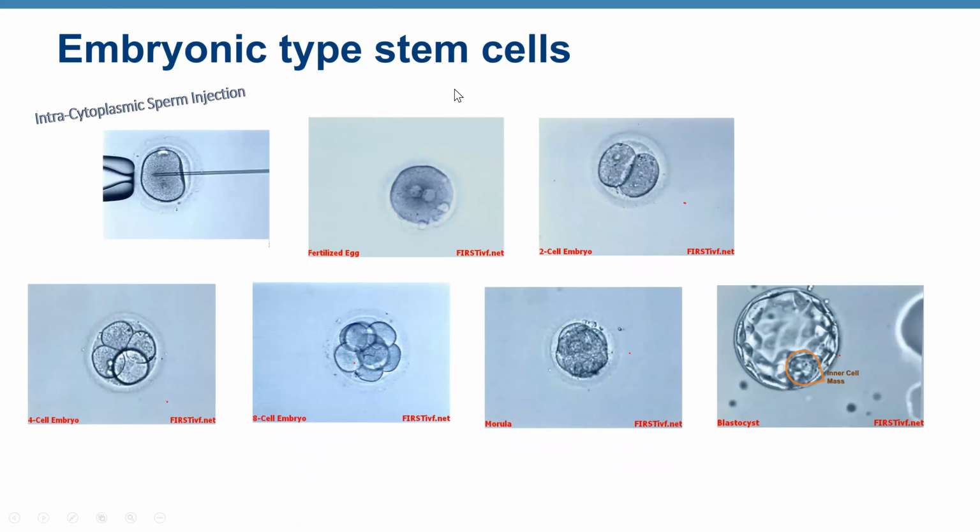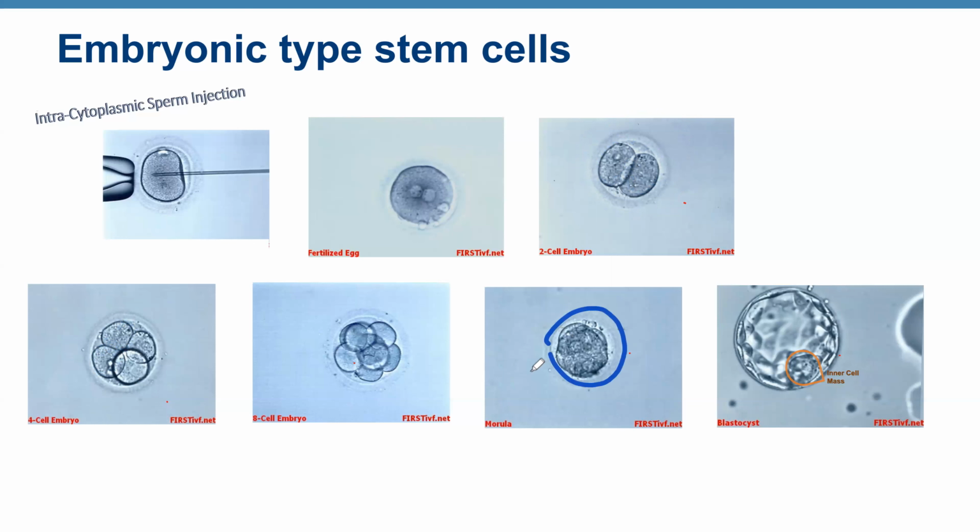So this is how in vitro we grow embryos, and we can use the embryonic stem cells. Here we have intracytoplasmic sperm injection. That's an egg, and we have a needle in a special syringe that is going to bring a sperm inside. So the sperm will fertilize the egg. Here we have the fertilized egg. Then a 2-day embryo, so it starts dividing. Now we can see 2 cells, 4-cell embryo, 8-cell embryo.